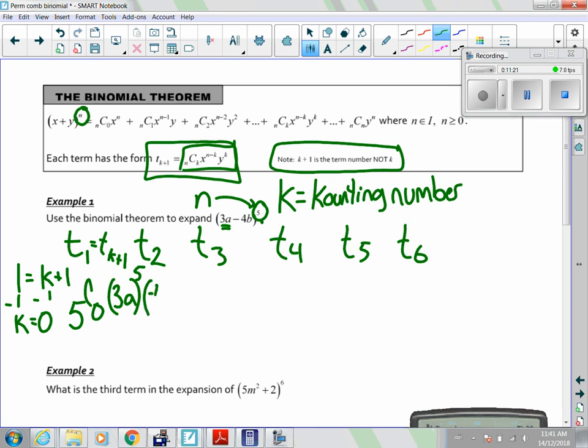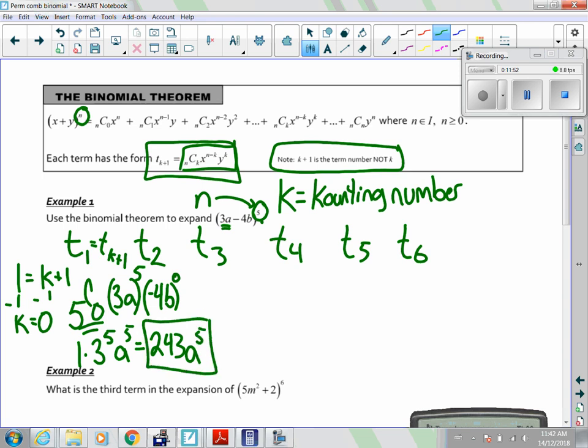And then my y value, negative 4b to the 0. Now, technically, I don't even need that part because it's going to go away. Right? Anything to the 0th power is 1. And 5C0 is just 1. So this is going to be 1 times 3 to the 5th, a to the 5th, which is 243 a to the 5th. So that's going to be my first term of this thing.